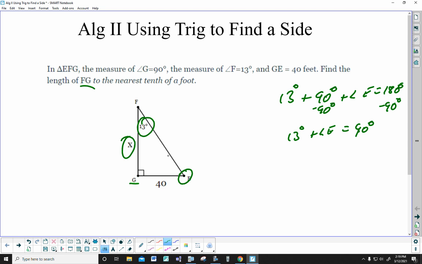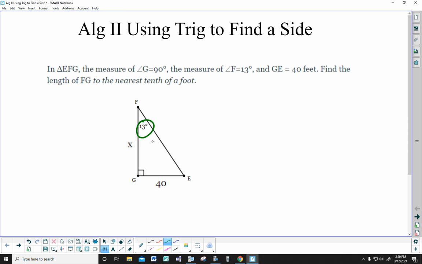So sure, you do know all three angles. If that's 13, then this is what, 77? 90 minus 13 is 77, okay? But my point is you don't need to find this other angle. It's not important. Stand on the angle you're told.